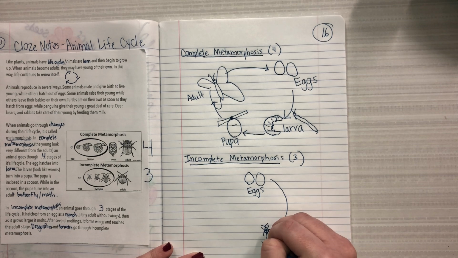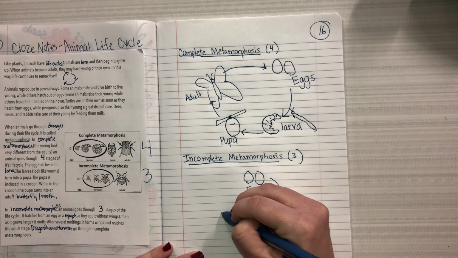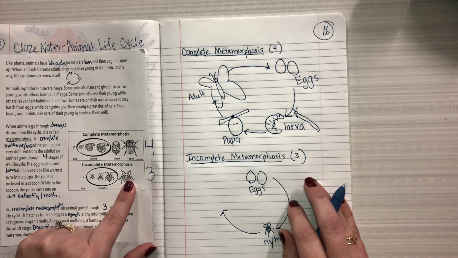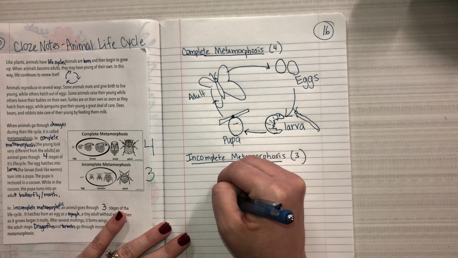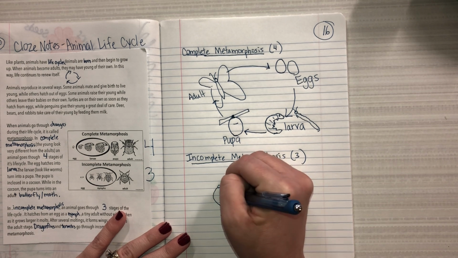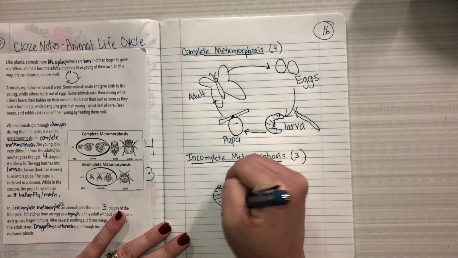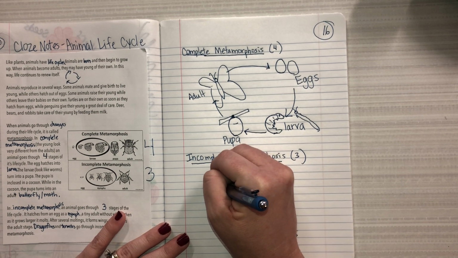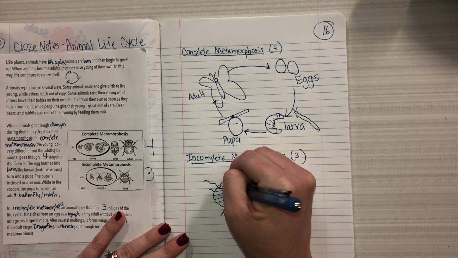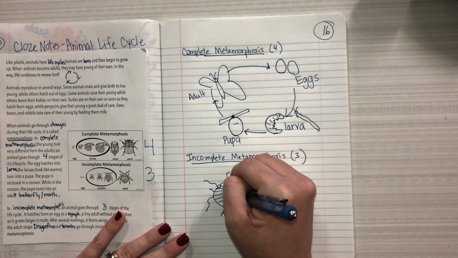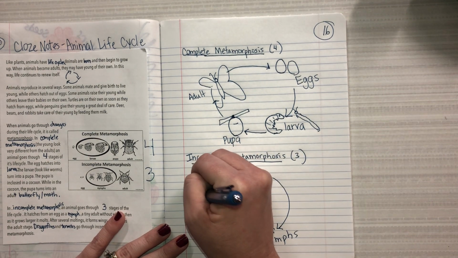And then this one, we're going to write the word nymphs. And the last one's going to be the larger, which is the adult. And you can write the word adult.